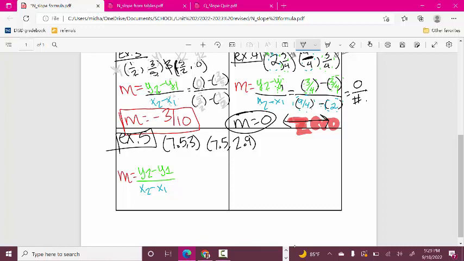So this 7.5, 3 is the first ordered pair. So 7.5 is x1 because it's the x value from the first ordered pair. 3 is y1 because it's the y value from the first ordered pair. 7.5 is also the x value in the second ordered pair, so 7.5 is x2. And then 2.9 is y2 because it's the y value from the second ordered pair.